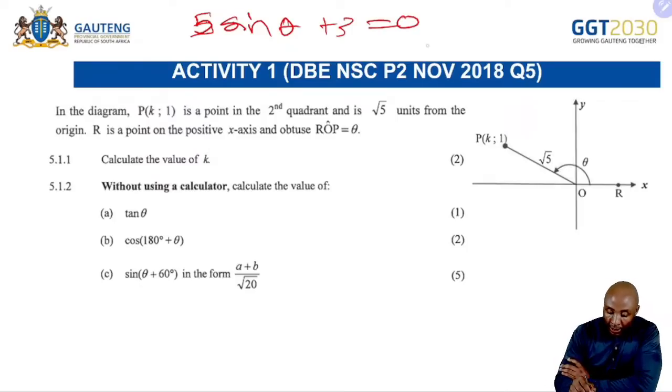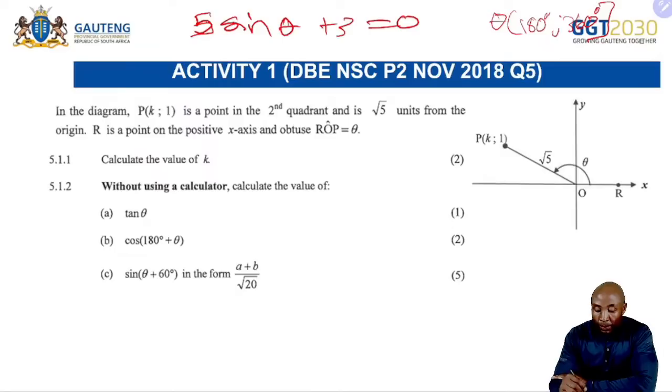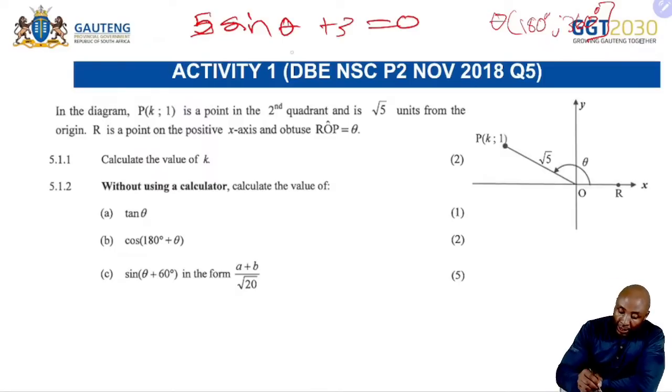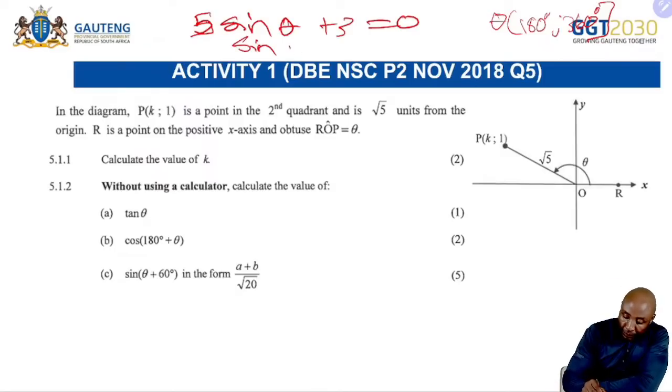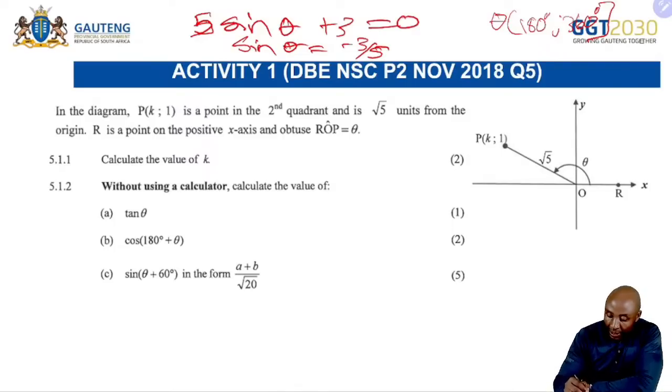If it comes like that, please check on your diagram. Normally, they will give you theta must be between a certain interval, for example, between 180 and 360 degrees. So you must make sure that you make your sine theta as -3/5, and you are able to see that sine is negative in quadrant 3 and 4.